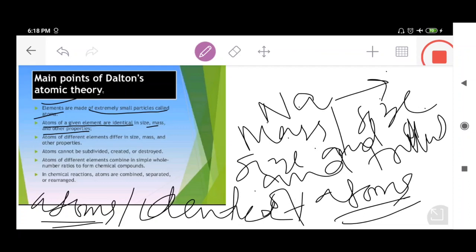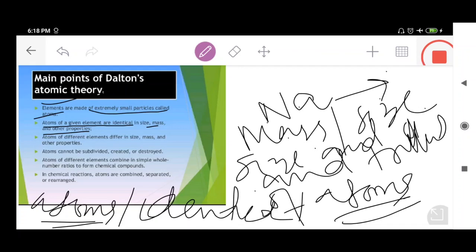So students, you must remember that the moment you divide matter, ultimately it will get changed into smallest indivisible particles called atoms, and these atoms are identical with respect to mass, size, and shape. That means they have a similar mass, a similar size, and may have similar chemical and physical properties as well. So this was the second postulate of Dalton's atomic theory.